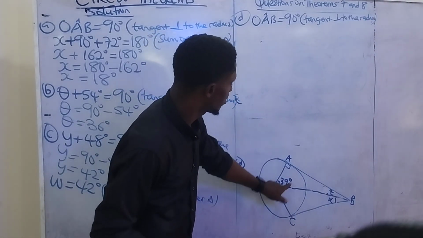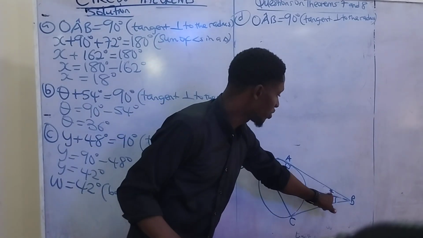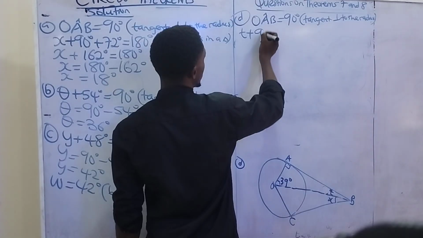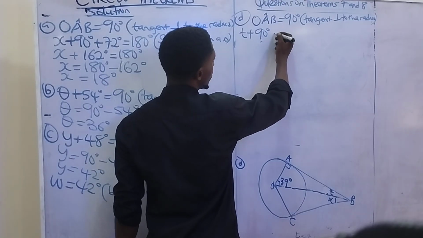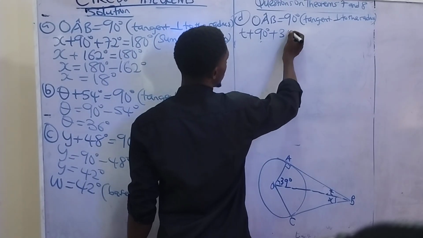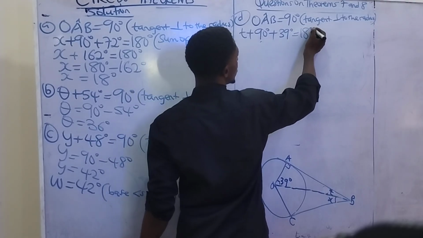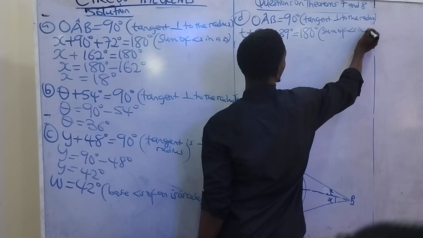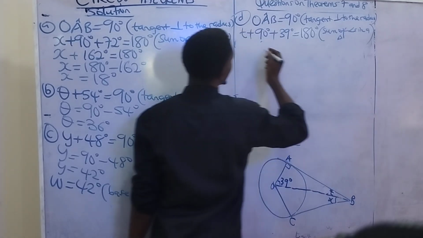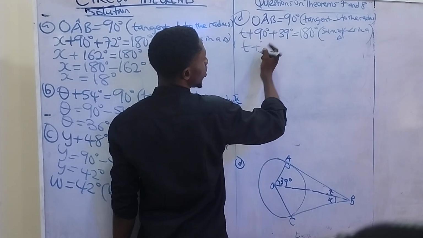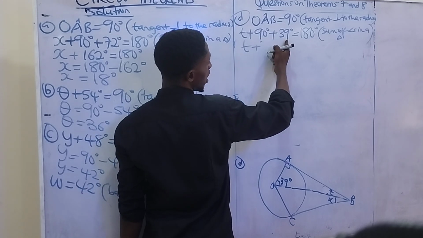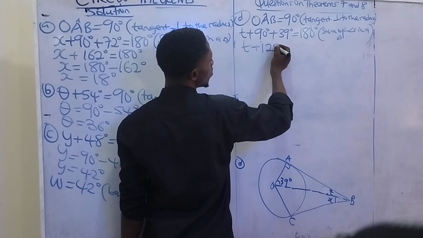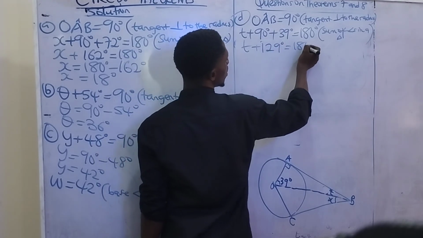So we have here as 90, we have here as 39, and we are looking for T. So we have T plus 90, which is what we got now, plus 39 is equal to 180, the sum of angles in a triangle. So T plus 90 plus 39, that is 129, equals 180.